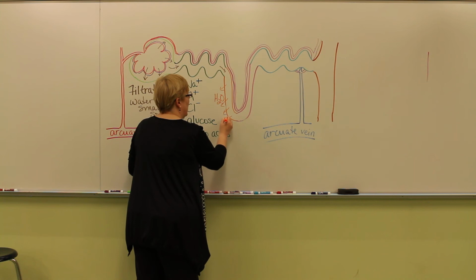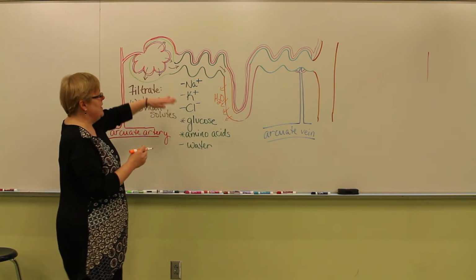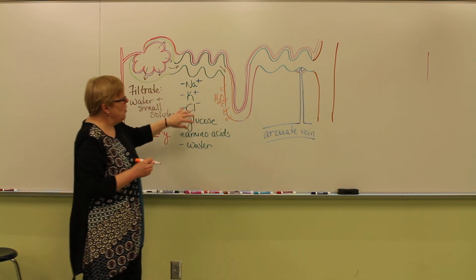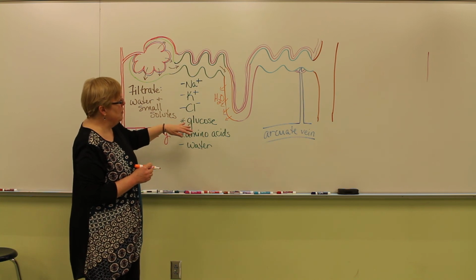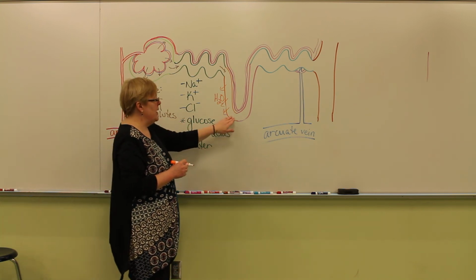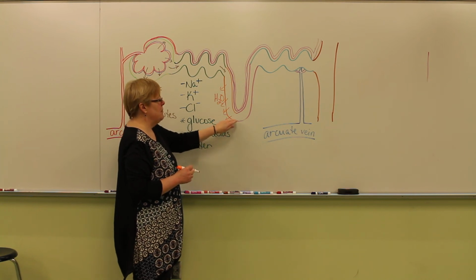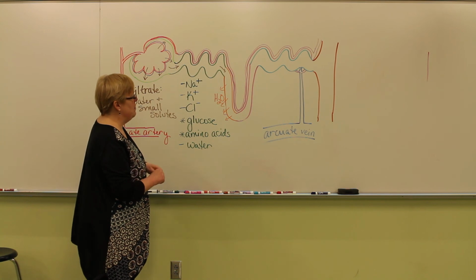Okay, so we're going to have water being reabsorbed here, and there's a gradient in the kidney that attracts water out as the filtrate is moving through. And this is going to create a situation where the filtrate is going to be highly concentrated by the time it gets to the bottom of the U shape of the nephron loop.